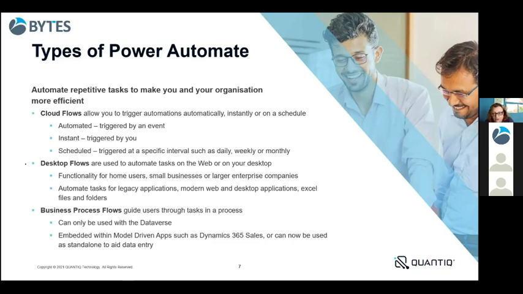We've then got desktop flows. Desktop flows have recently just had a bit of an update from Microsoft, but they're used to automate tasks on the web or on your desktop. And what I mean by that, if anyone's ever used Excel and created macros in Excel, it's very similar. It basically allows you to record your actions on a screen and then repeat that for you and automate it.